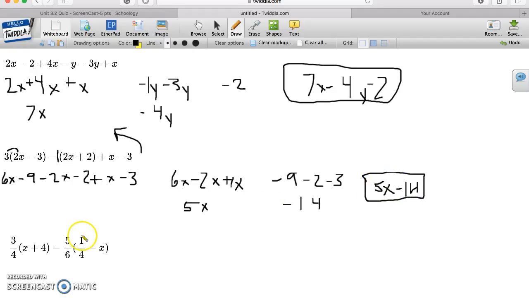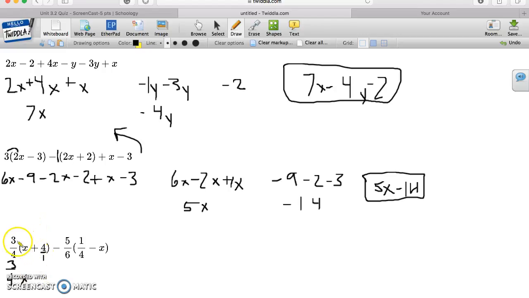Okay, now this last one gets a little complicated. So first we're going to distribute, and from there you get 3 over 4x. And then when you multiply this, it might seem a little weird because there's 4, but because when we multiply fractions, we put it over 1 because that means the same thing.